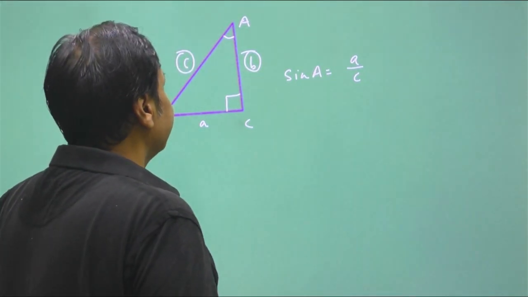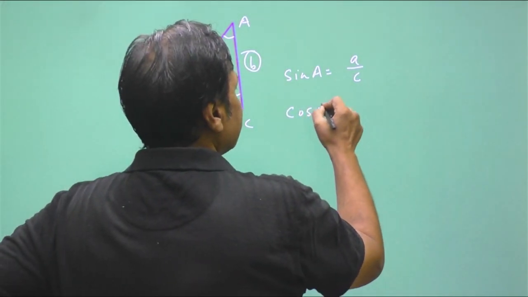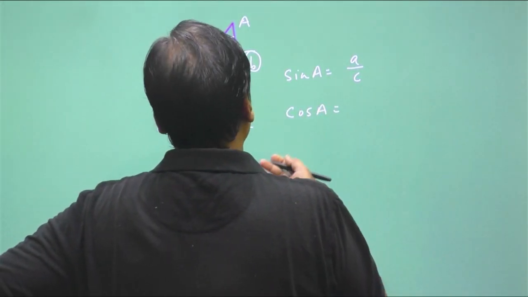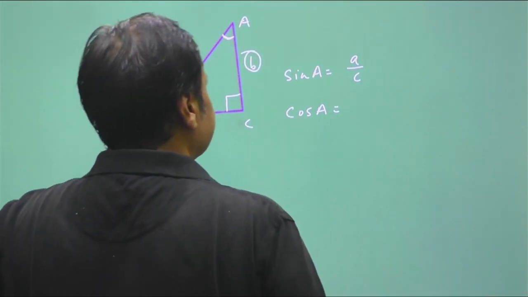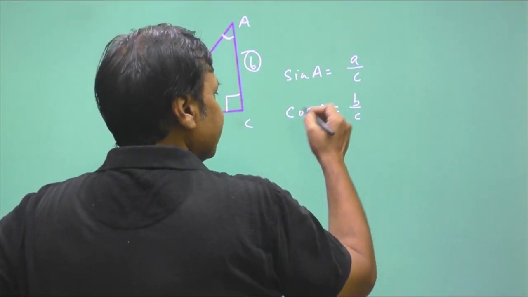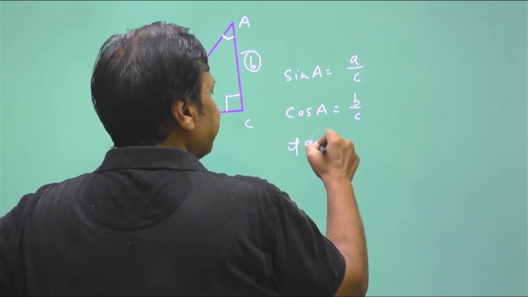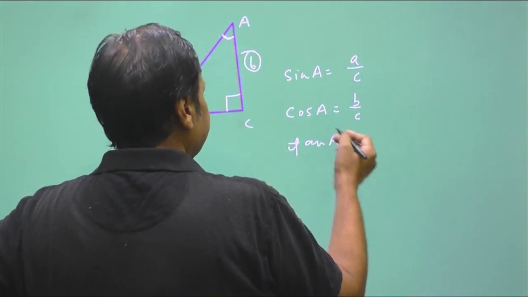Or you can write here cos A, base upon hypotenuse. Since we are considering this angle, our cos A becomes b by c in this case. And tan A is perpendicular by base, that is a by b.